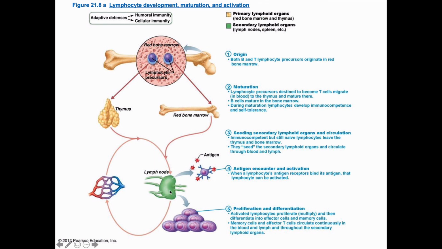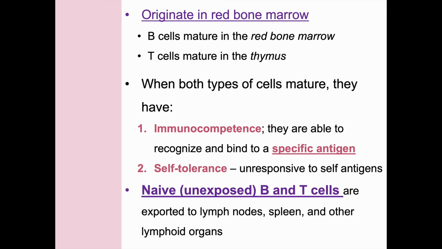That's why whenever you get an infection in the leg, your lymph node in the inguinal region will swell. If you get an infection in the throat, the lymph node in the neck region will swell, and after a few days it will reduce, because the bacteria are trapped and neutralized. They originate in red bone marrow.